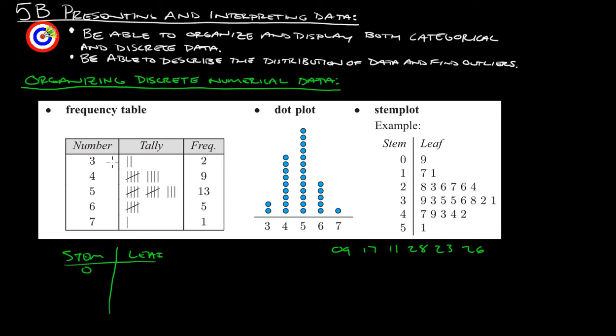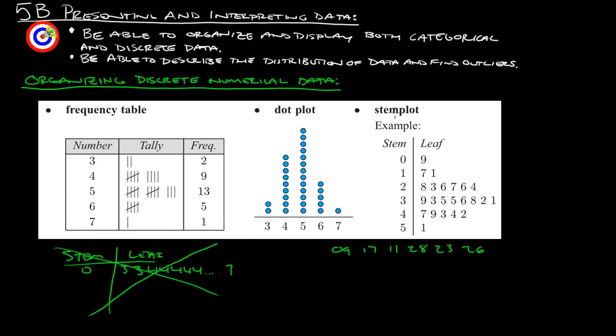And if we were going to list these all in order like this, it would be 0, 3, 3, and then we'd have 9 4s, and so forth and so on, all the way down to the last one, which would be 1 7. So they would all be listed out in a big long line like that. That would not be a very good way to display this data.